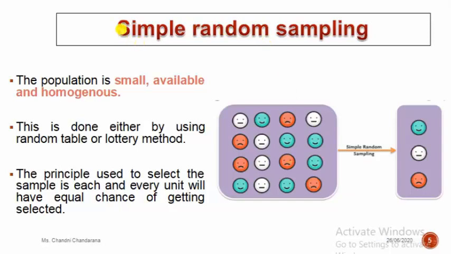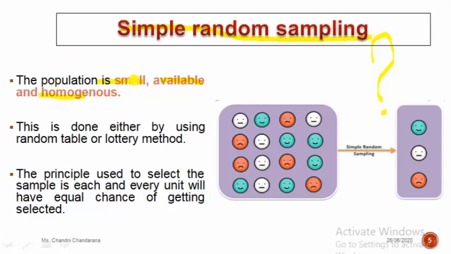So the first is simple random sampling. Now what is simple random sampling and when is it applicable? You can say when the population is small, when the population list is available and it is homogeneous, at that time this technique is applicable.